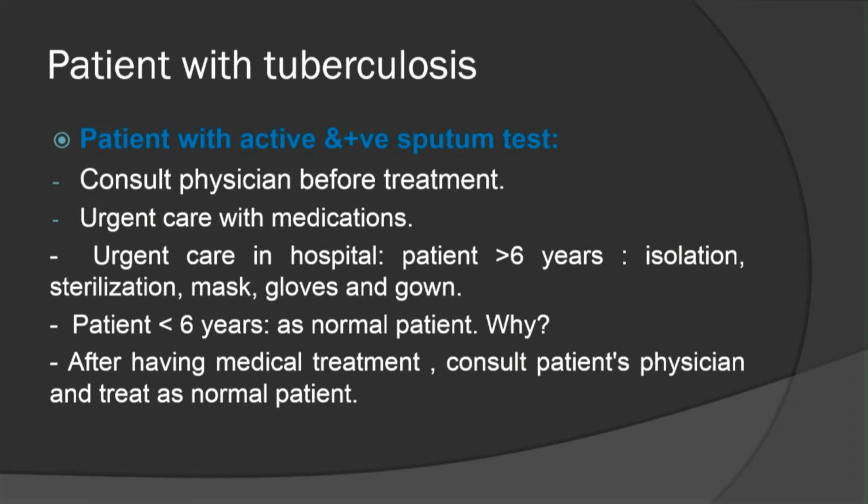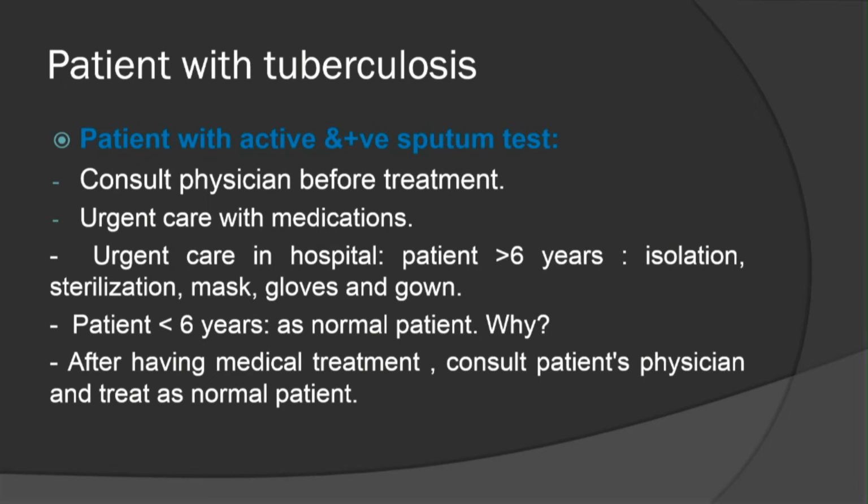Here we have to mention, if the patient's age is more than 6 years, we can consider this patient more infectious. So in this case, we have to treat such a patient in the hospital, in an isolated room, with sterilization, mask, gloves, and gown. But if the patient is less than 6 years, in this case, we can give dental management as for a normal patient.